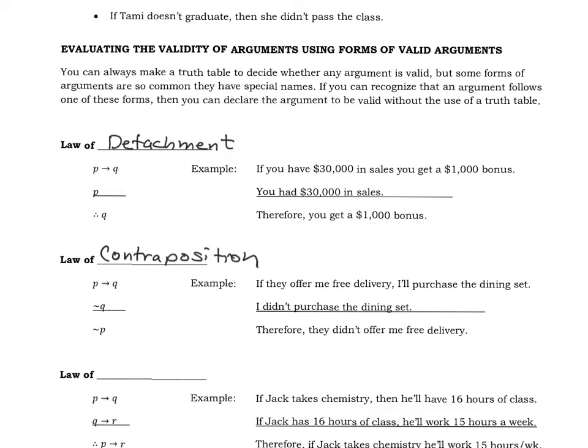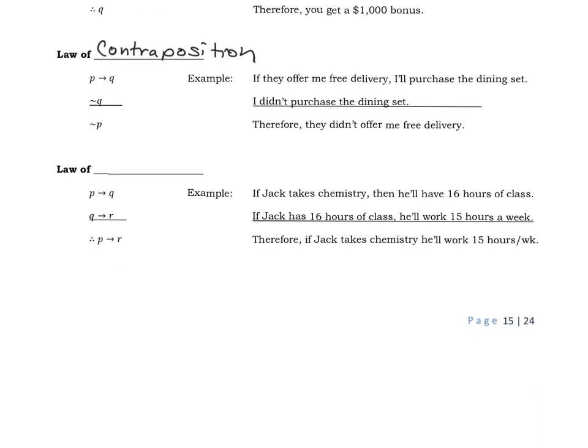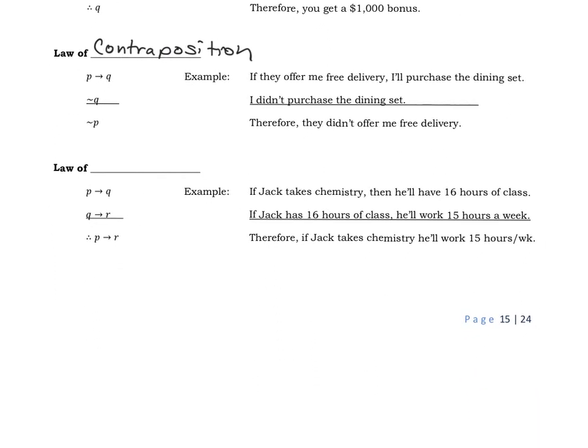Okay, then the next one is something that's going to seem like the transitive property for you if you remember any geometry, and this would be the law of syllogism. I'll just put transitive out here. That follows if we have two statements, if P then Q, if Q then R, then it would follow that we have if P then R. An example here would be if Jack takes chemistry, then he'll have 16 hours of class.